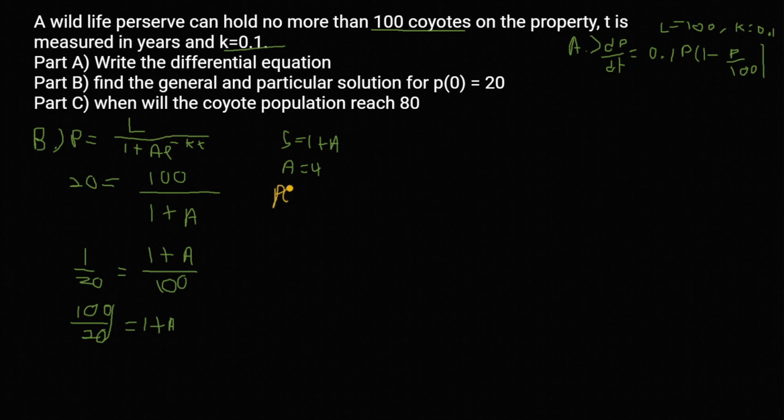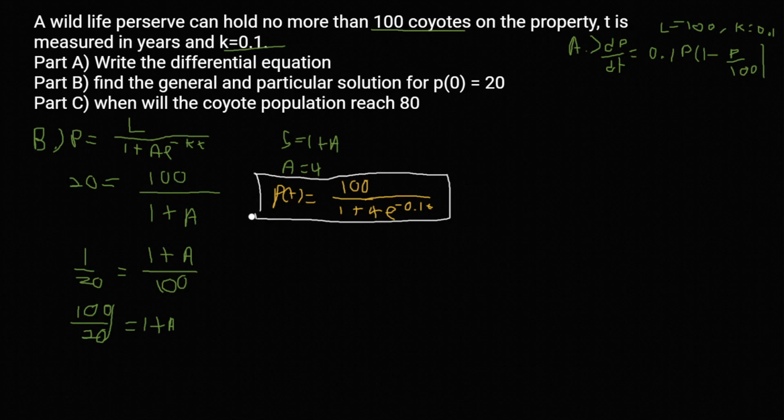So P of t is now 100 over 1 plus 4 e to the negative 0.1 times t. And so that is part B.